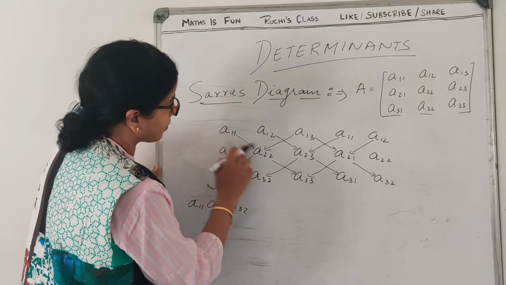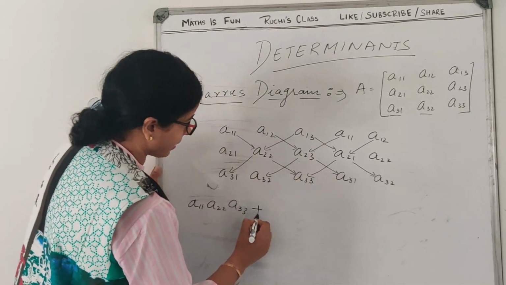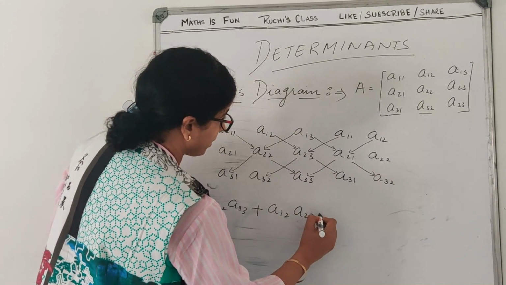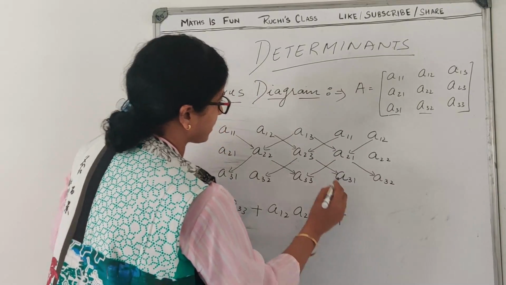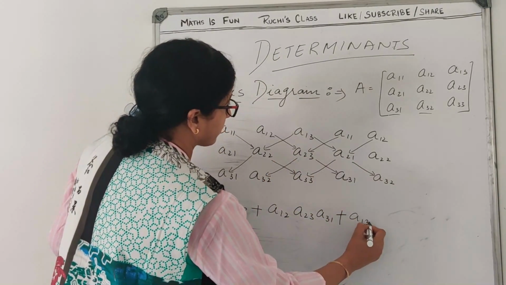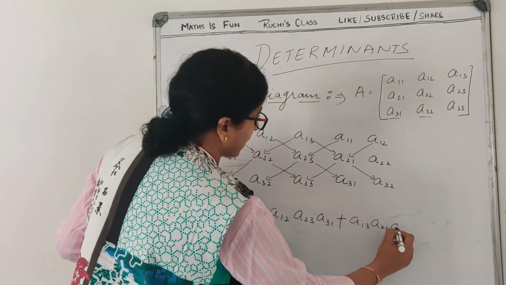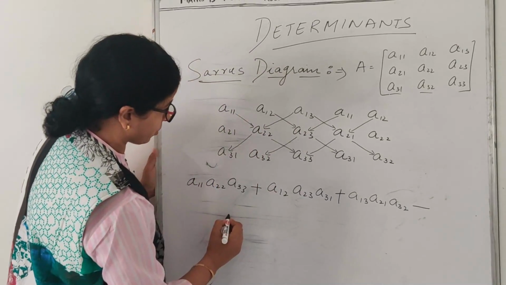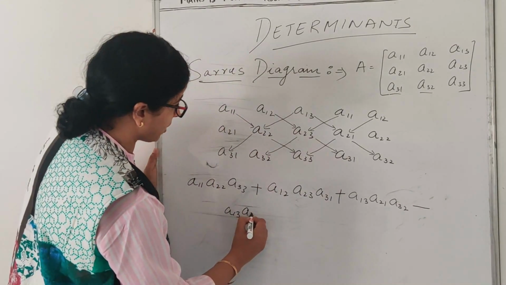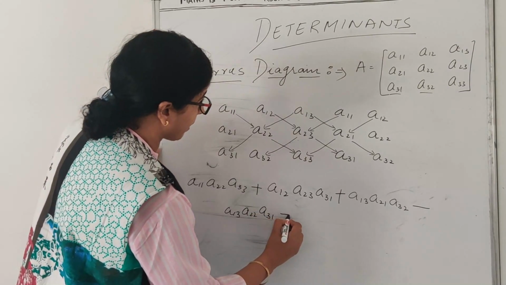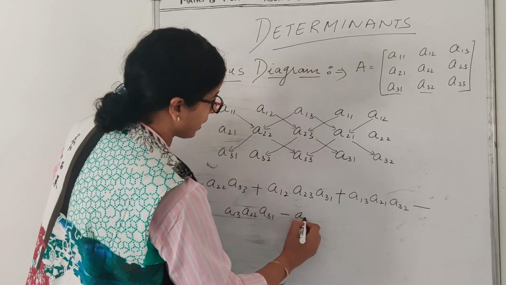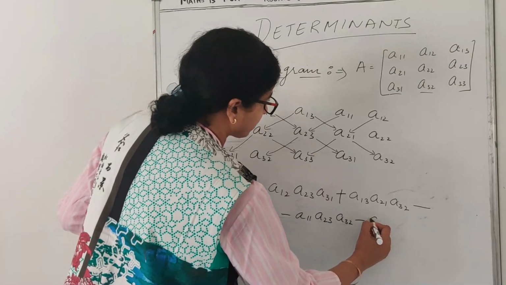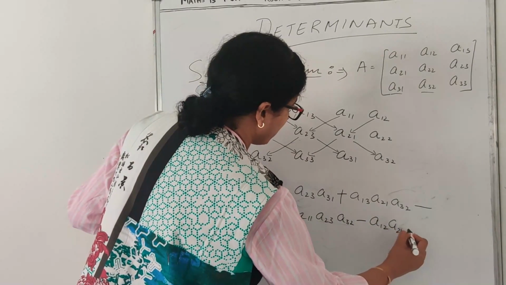Means I'll multiply A11, A22, A33 plus same multiplication A12, A23, A31 plus A13, A21, A32 minus, from where I have started the back arrows, A13, A22, A31 minus, again this will be subtracted, A11, A23, A32 minus A12, A21, A33.